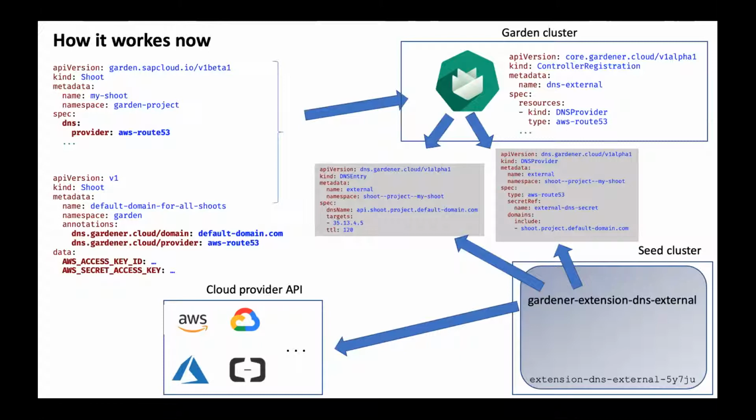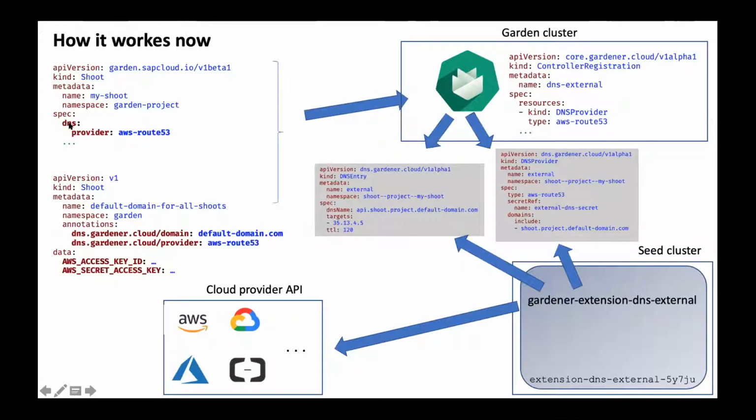Yeah, I have a small question, Rafael. So in this case, when the DNS domain credentials, provider and credentials are taken from the default domain, do we respect the provider field in the shoot YAML? No. So with Gardener 2.0, you can also completely leave out the DNS section.